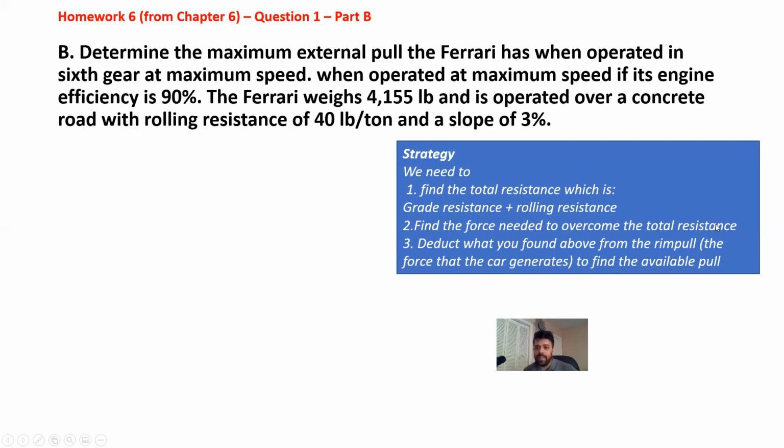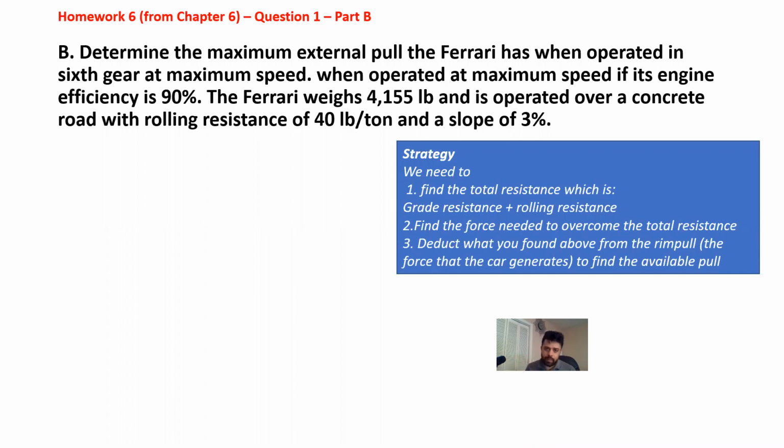Okay, and then deduct what we find here from the rim pull that the machine generates. So we deduct what portion, or how many pounds of the machine force, is being used to overcome the resisting forces, and the remainder will be the available pull.